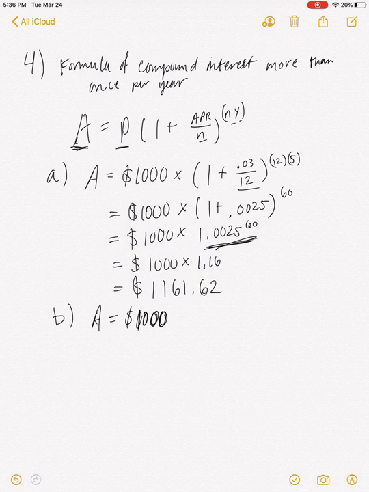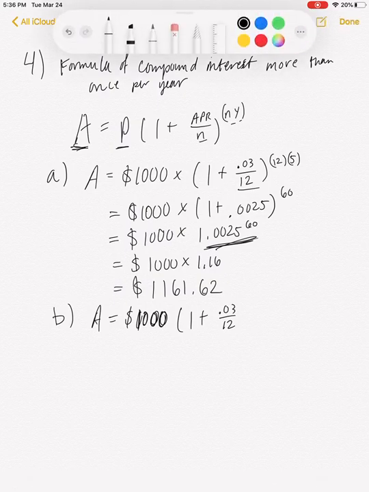Let's see how much more. Multiplying by the quantity 1 plus, now APR is 0.03 over, not 12 this time, because we're going to go with daily compounding. So how many times a year is that? Well, we use 365, to the 365th power times 5 years.